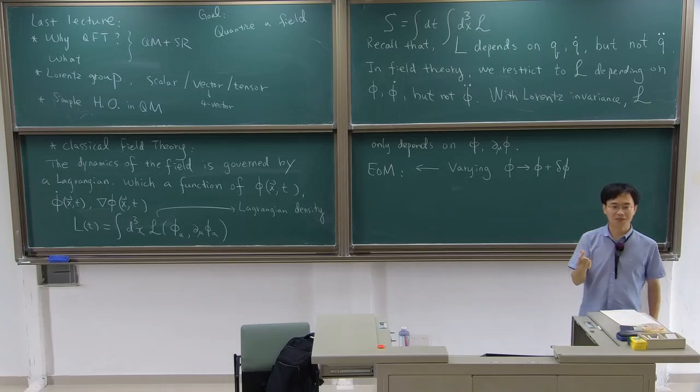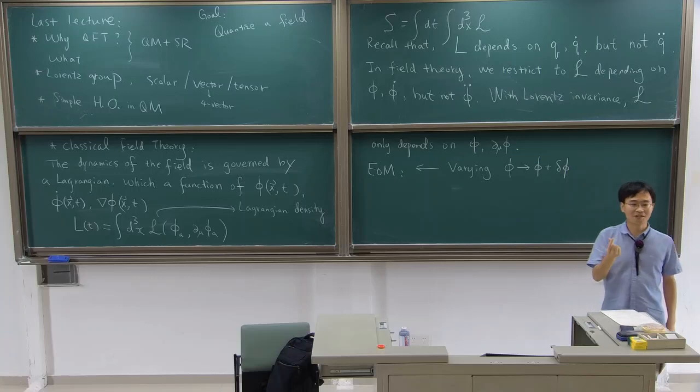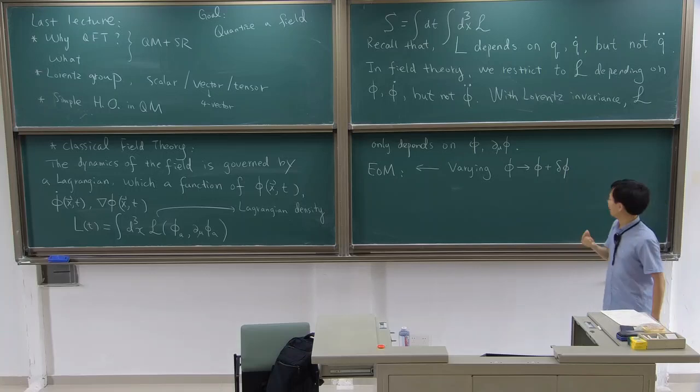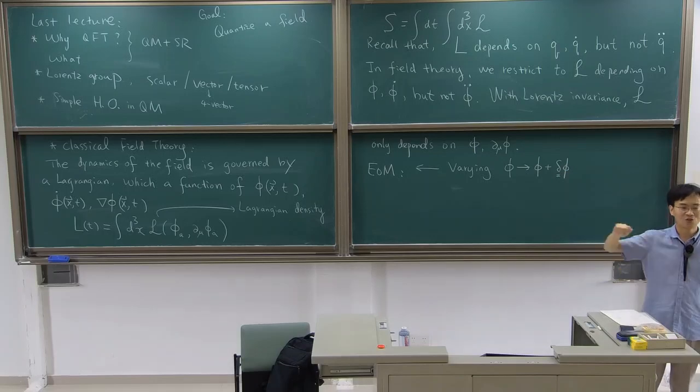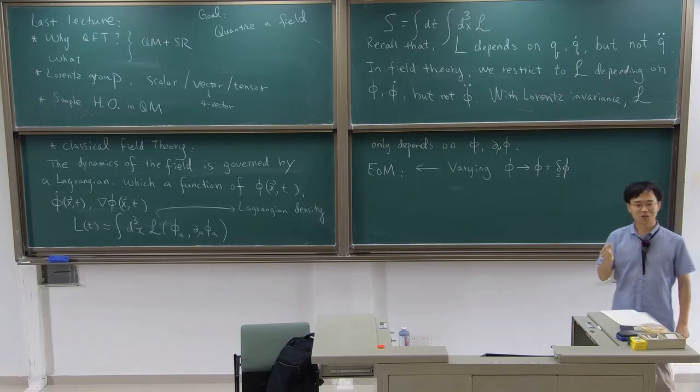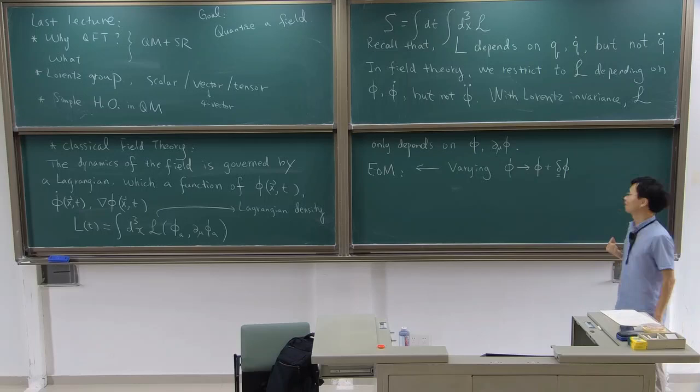Just change the field a little bit, okay? Change the field itself a little bit in the most generic way. Generic means we can do whatever shape changing, so this is not some particular small change. It's a generic small change.